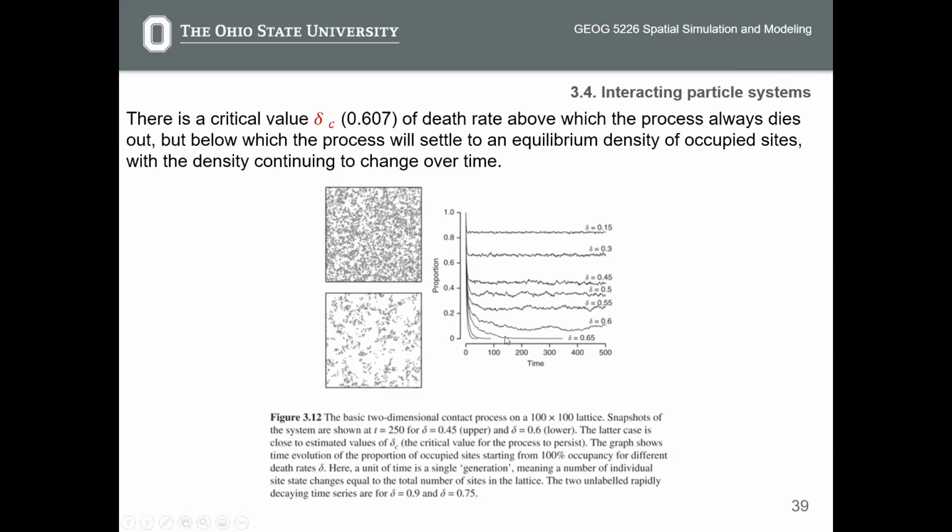And after 150, it's pretty sure that the system will die. It's a straight line here, which means there are no occupied cells anymore. If you continue to increase it, although there are no specific values here, we have two other very short curves, which means if you continue to increase the delta value, the system will die out even quicker, less than 100 ticks, okay?